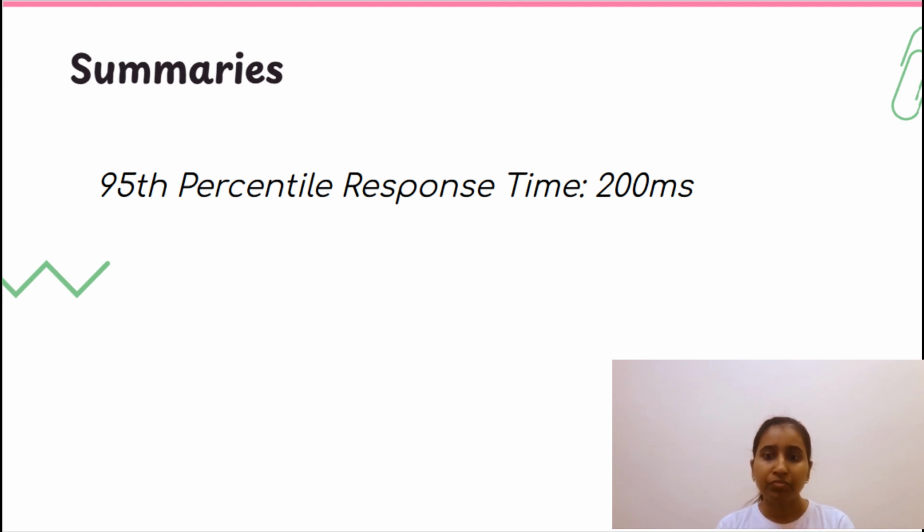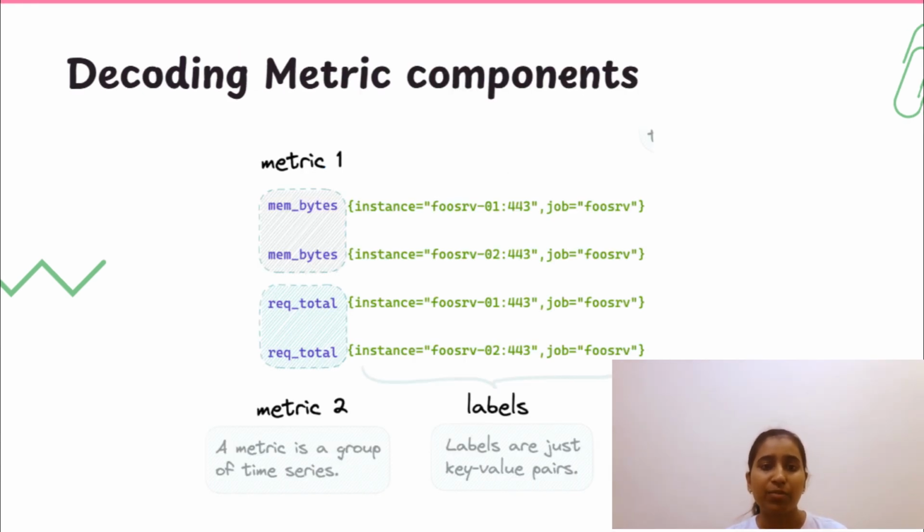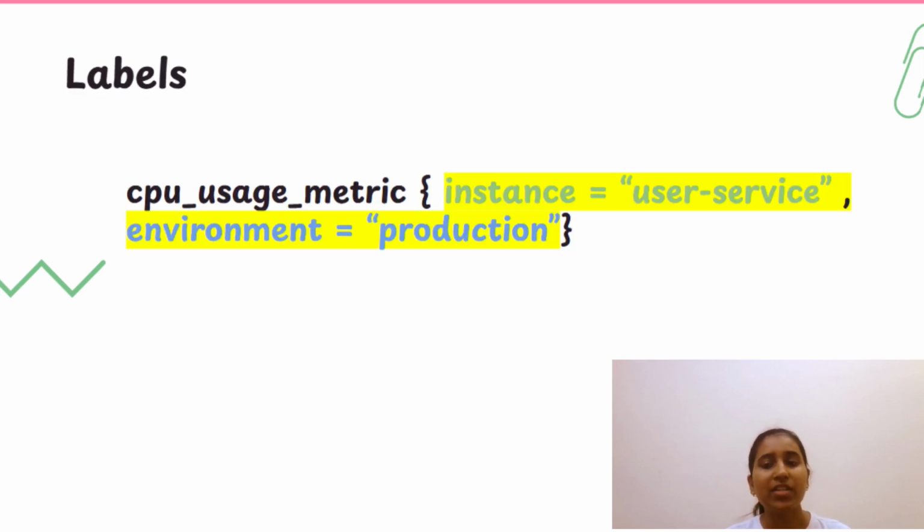Now that we understand the different types of metrics involved, let's try to make more sense out of the things we have covered. One key factor of metrics is labels. Labels are basically key-value pairs that help us add context to our metrics. For example, you might label a metric with a service name, like user service or product service, or define an environment label, so environment equals production or environment equals dev.